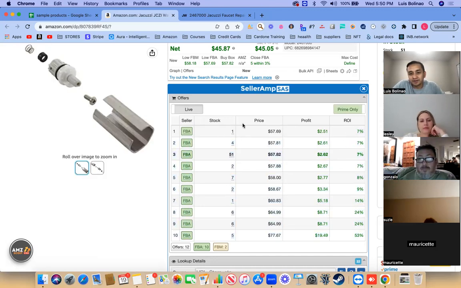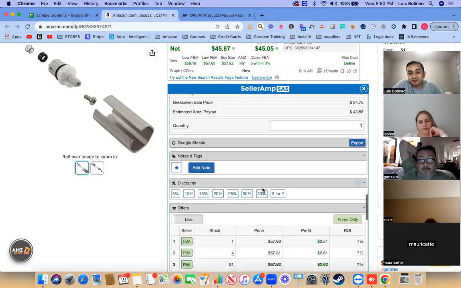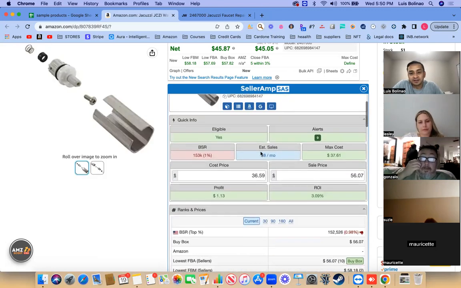So if you look here, if you sell at this price, you're gonna be at 7% ROI, right? So too low. You guys agree? If you guys want to wait until you get to this point right here and make 14%, but based on the sales velocity of this product, it's not gonna go there quickly, right?